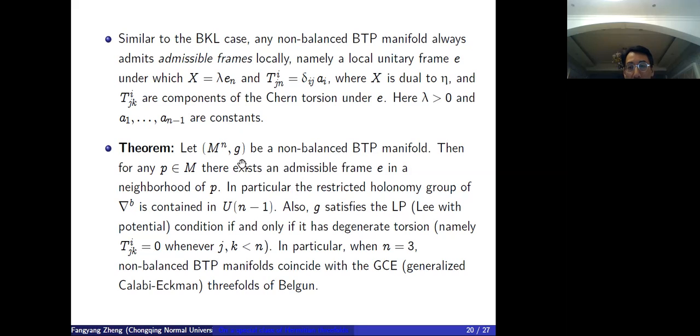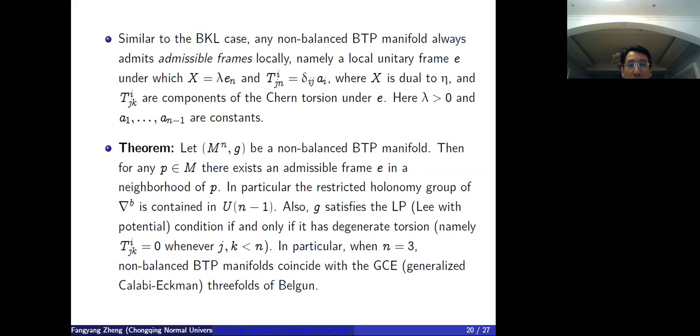I think it was initiated by people like Ornea and Guedj, and also studied by Angella. We show that for non-balanced BTP manifolds, this LP condition is equivalent to the degenerate torsion condition, which means the torsion has a lot of zeros.